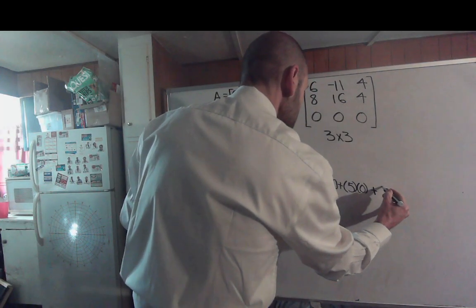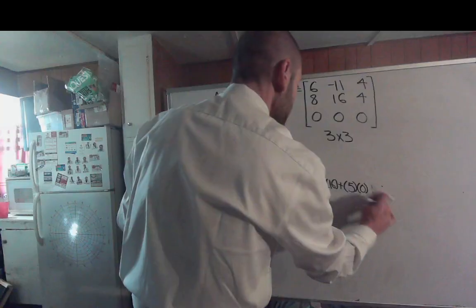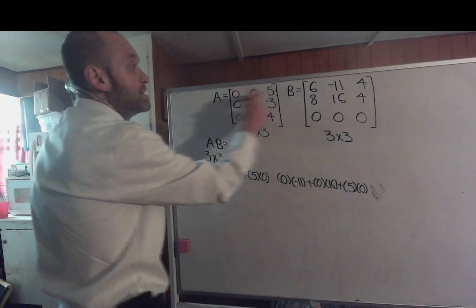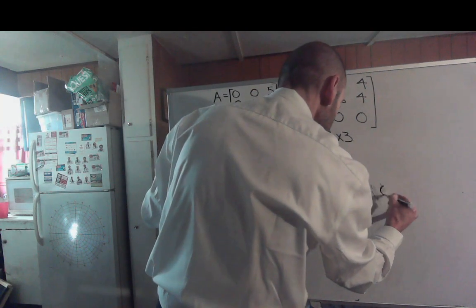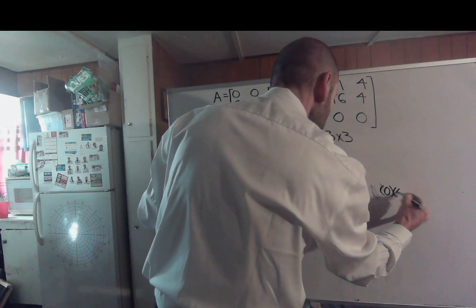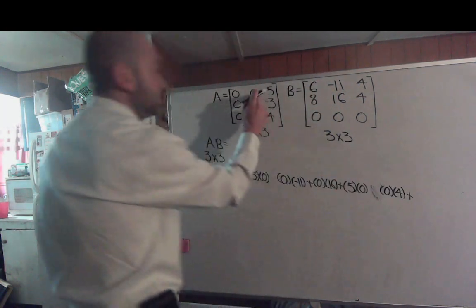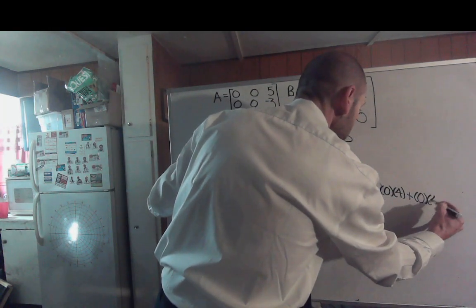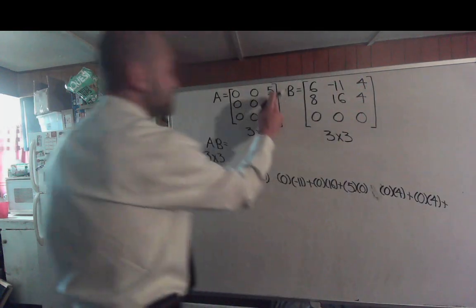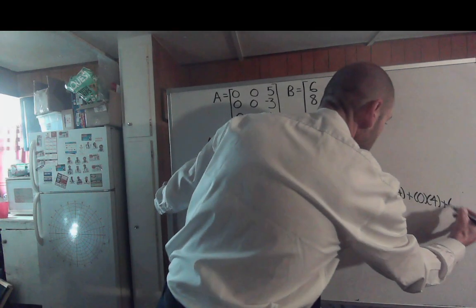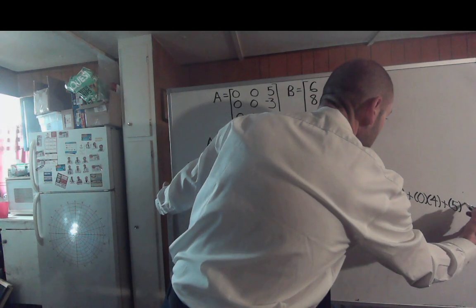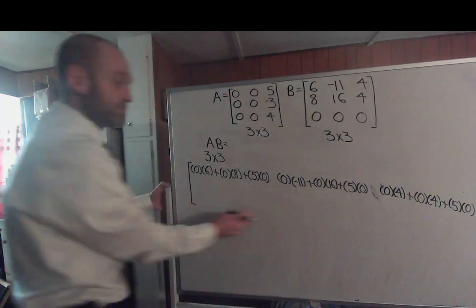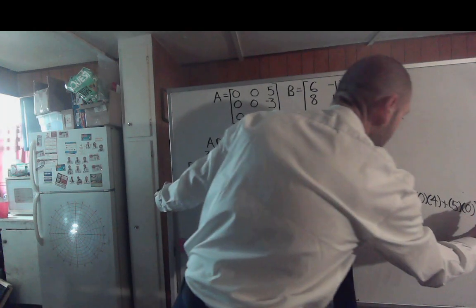We're doing the whole third number itself, so that'd be 0 times 4 plus 0 times 4 plus 5 times 0. And that's all three numbers of your first row. It's going to be a little grueling.